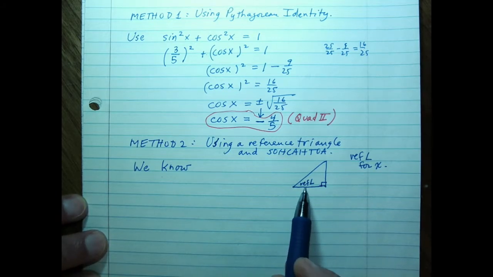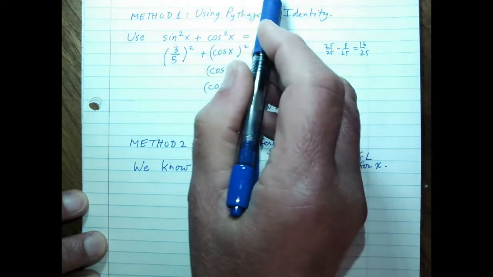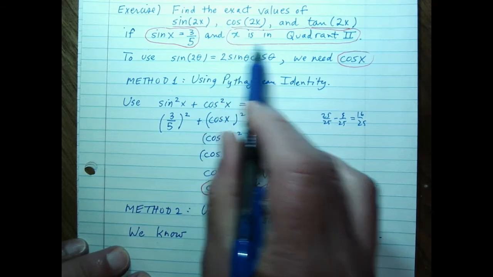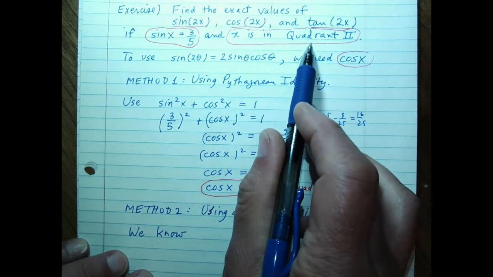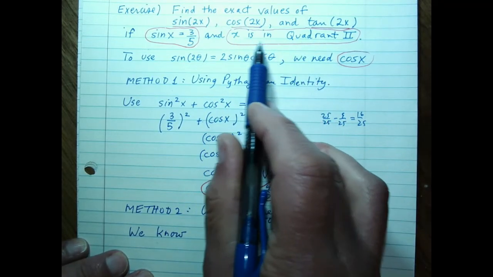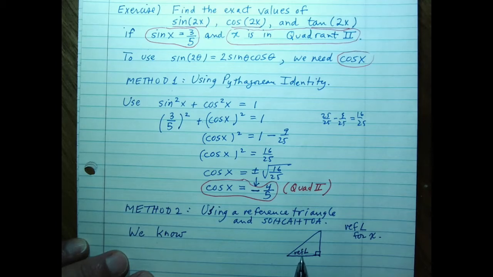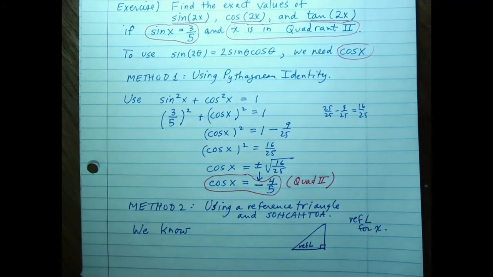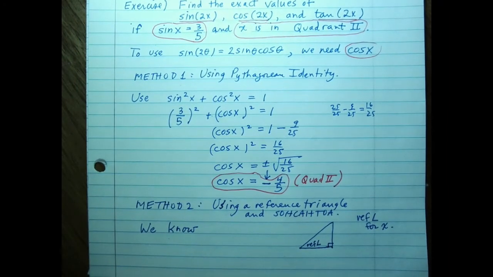I'm not calling this x itself because x is in quadrant 2. That's part of the given information. So x is not an acute angle. We cannot draw a right triangle with the angle x as an acute angle, but we can draw a right triangle with the reference angle for x. And remember, the reference angle has almost the same sine and cosine. The reference angle will have a positive sine and cosine.